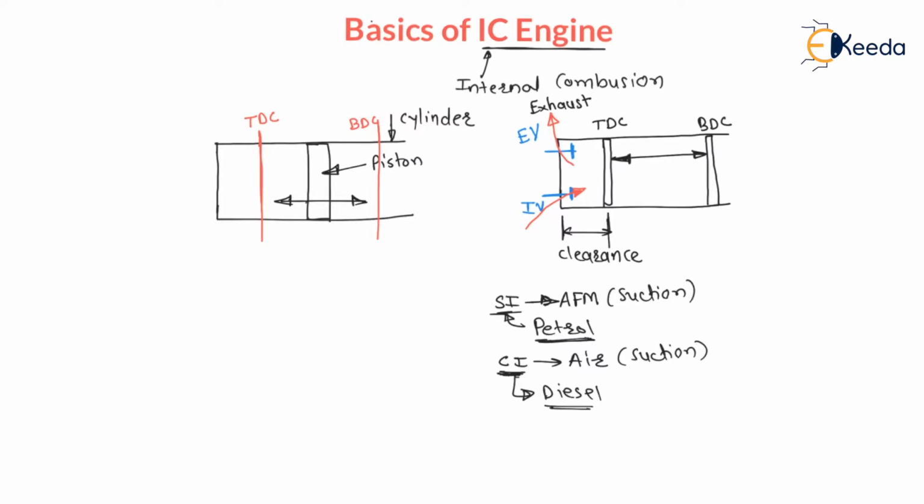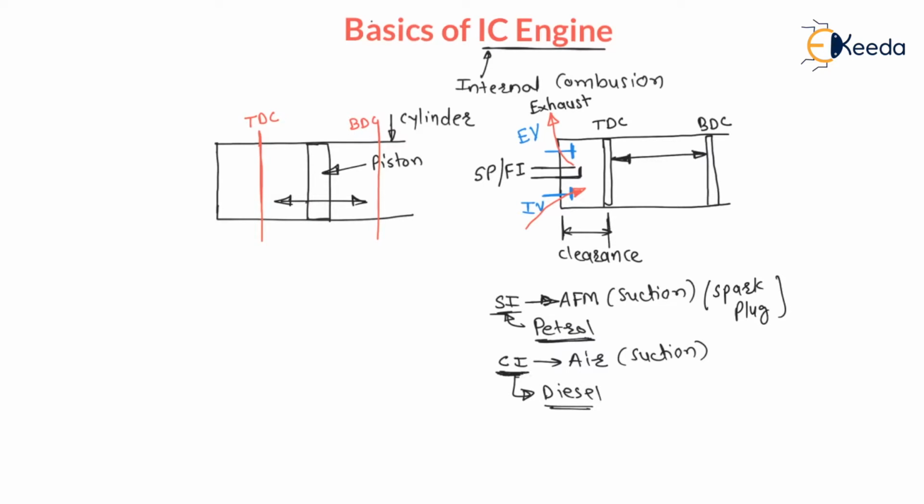And there will be one more device which is called spark plug or fuel injector. Here it is a spark plug. SP stands for spark plug, or it is a fuel injector. FI stands for fuel injector, right? If it is an SI engine or petrol engine, then a spark plug is used.